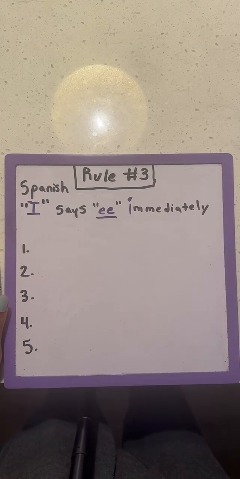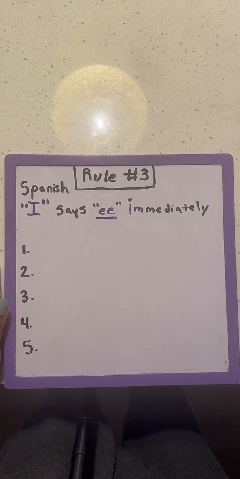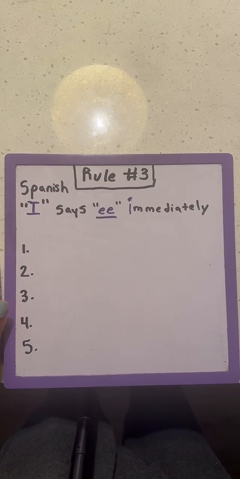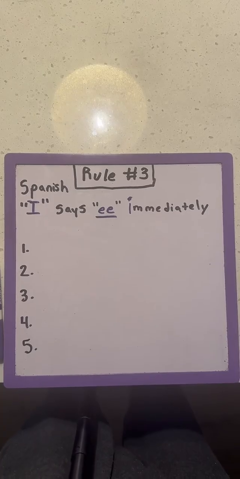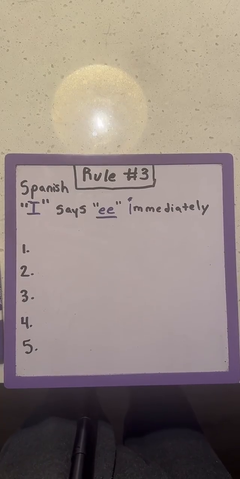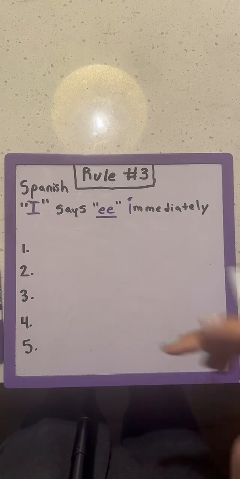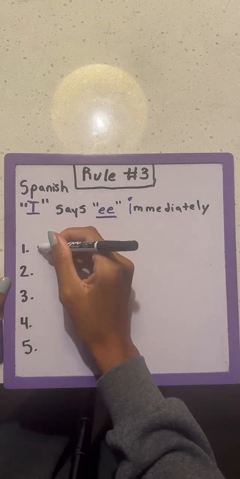Izquierda. Ooh, that's one. Yes, the word izquierda, and that is the word for left. Very good job. Absolutely. Good. You all are coming up with some good examples. Aquí. Very good.